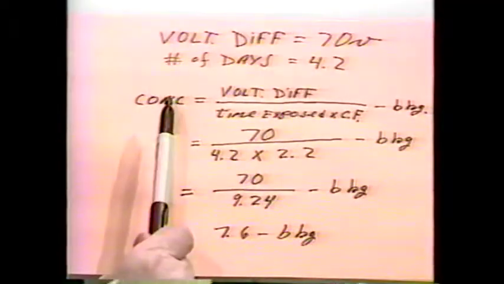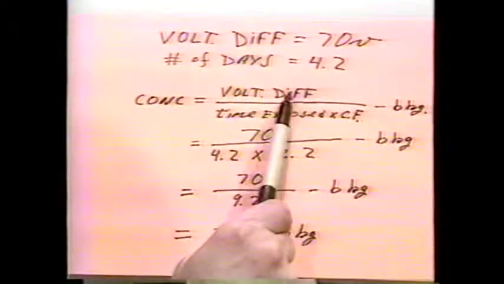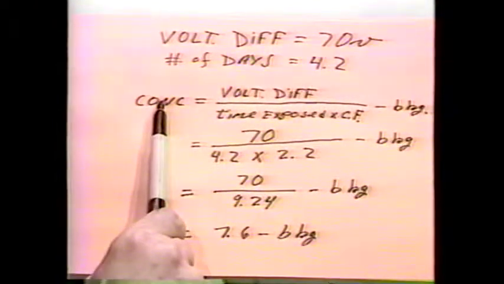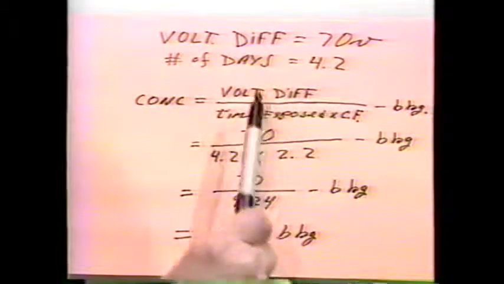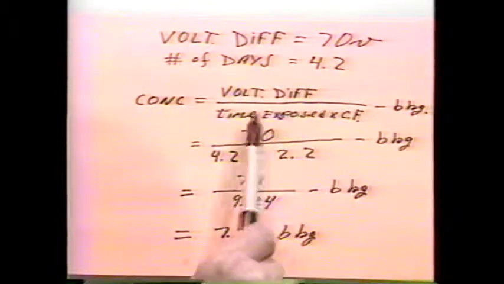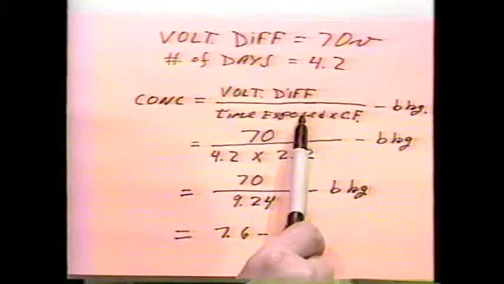Now let me just return to the top of the calculation here to show you how the concentration is calculated. Again, if we look this over, notice that it depends on the voltage difference. The bigger the voltage difference, the bigger the resulting concentration. If you have a fixed voltage difference, for example, in this case, we had a 70-volt voltage difference, and it occurred over 4.2 days.